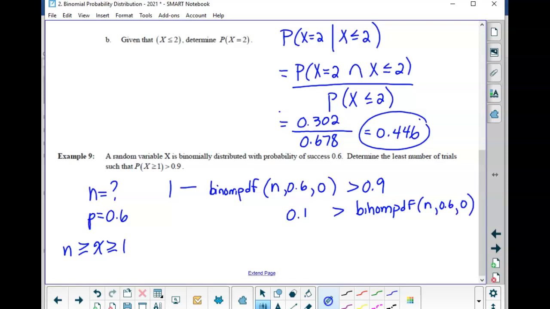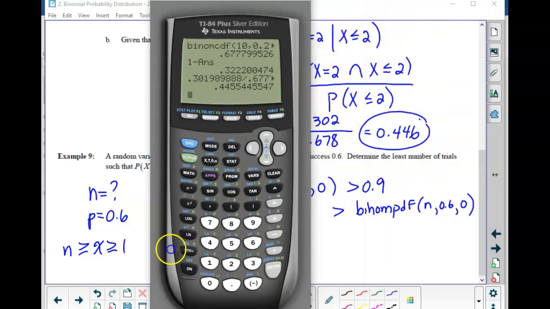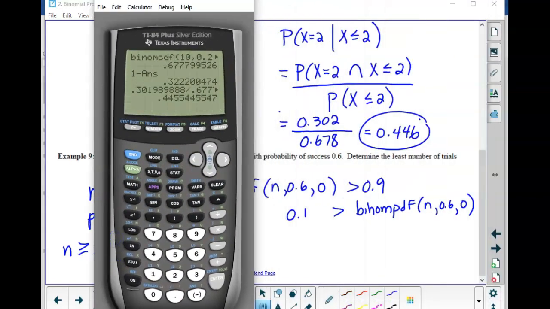So we want the least number of trials, the smallest n value that we can get, where the probability of this is 0.1. As I said, you can do it algebraically, but I don't think they're going to ask you. So get out your calculator. And what's kind of nice is it keeps your values, so we could just keep changing here.